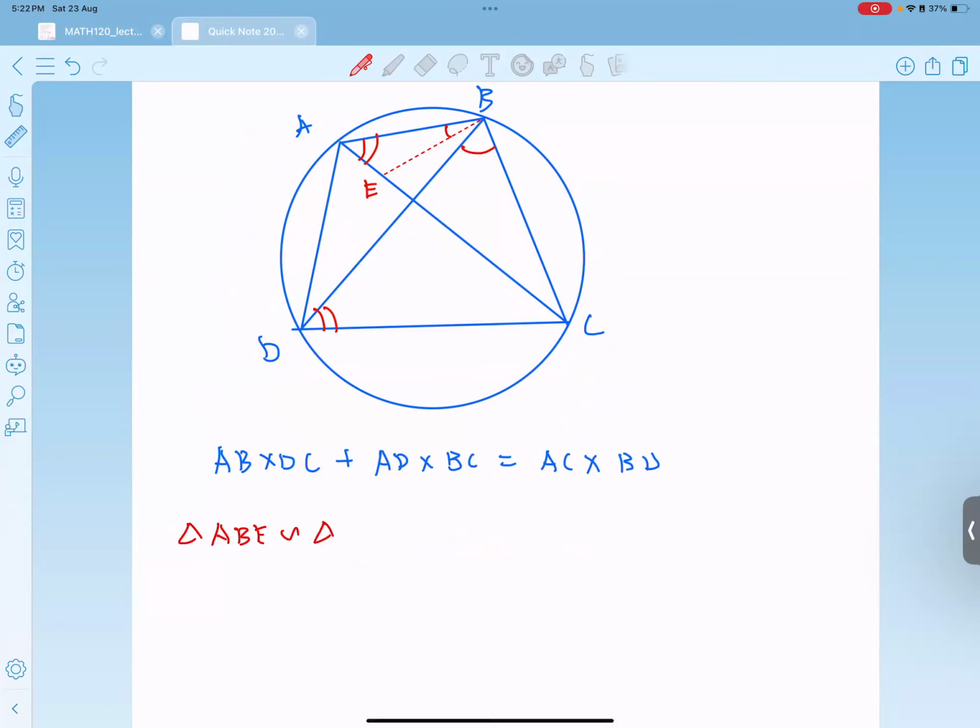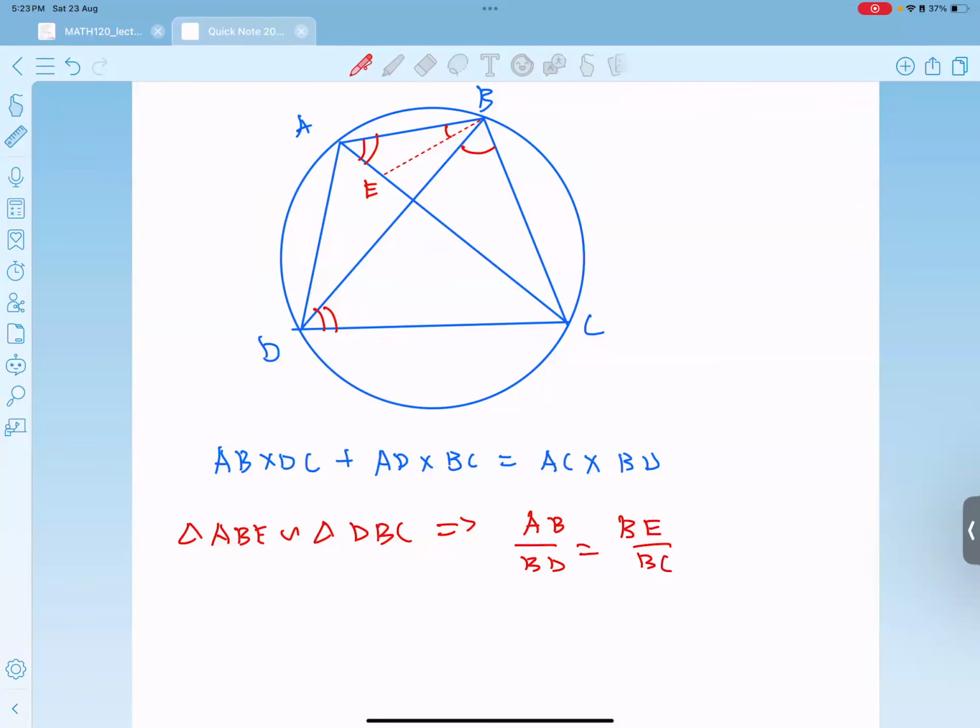So AB over BD, which one's the useful one? AB over BC, I think. Your triangles do not look similar.